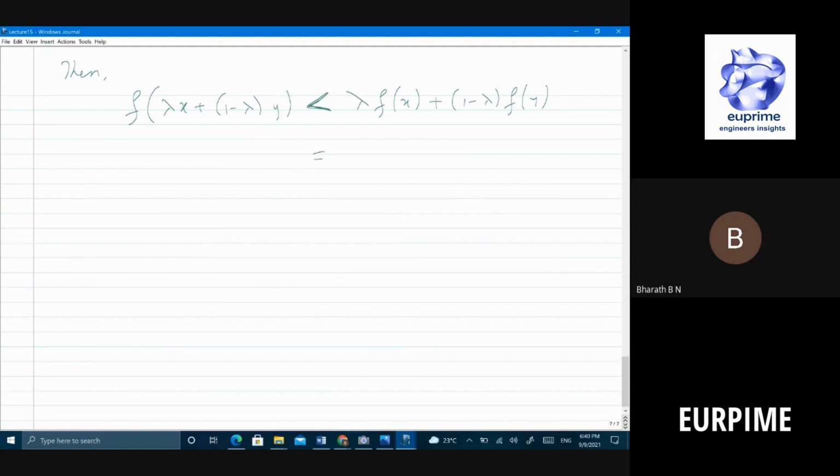Lambda f of x plus 1 minus lambda f of x is f of x. So this point is definitely not equal to x or y if lambda is not equal to 0 or 1. I'll pick lambda equal to half, for example. It's x plus y by 2, which can never be equal to x or y, right?